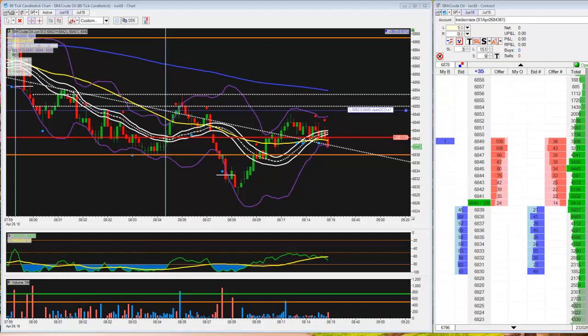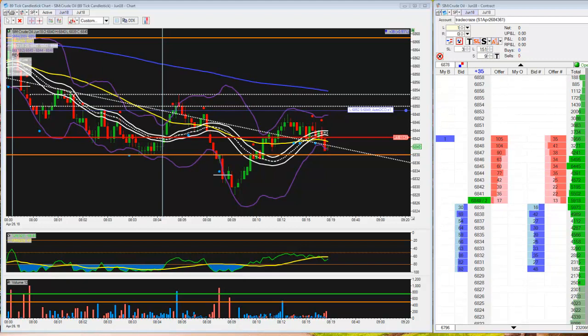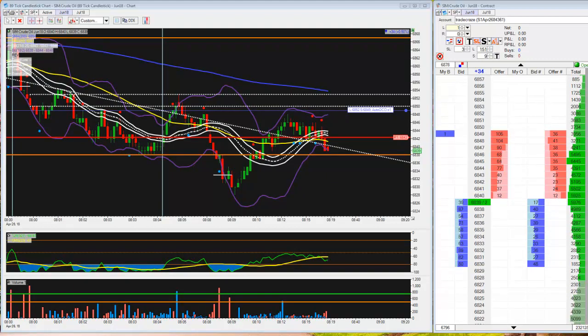Interesting that a 7p move from there would bring it to $70 a barrel at 49.